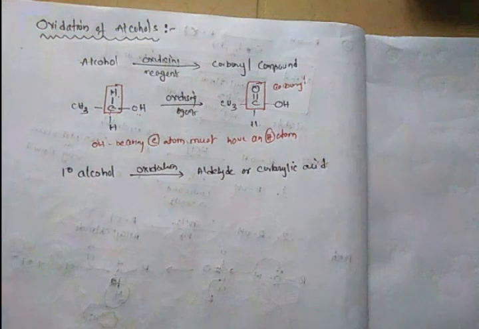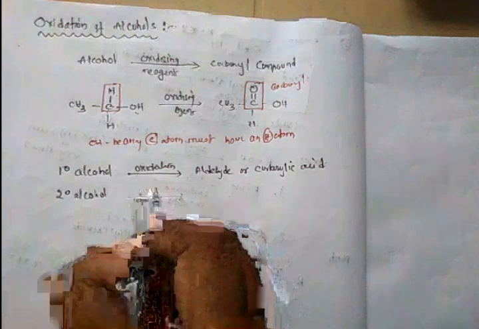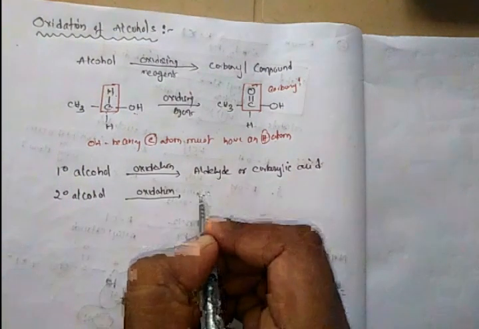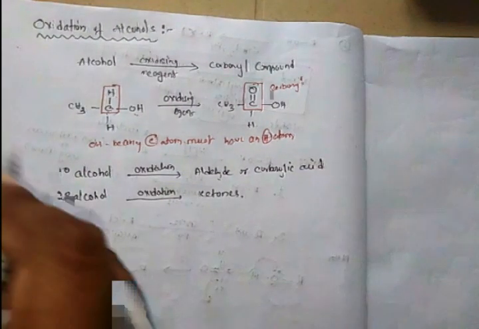Whenever you treat a secondary alcohol on oxidation, we will get ketones as products.